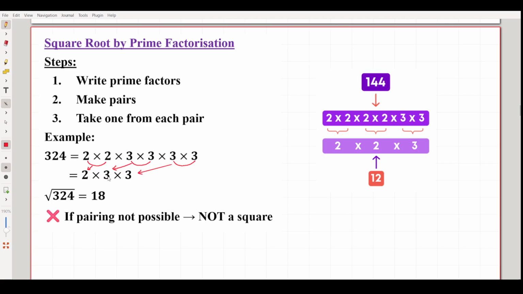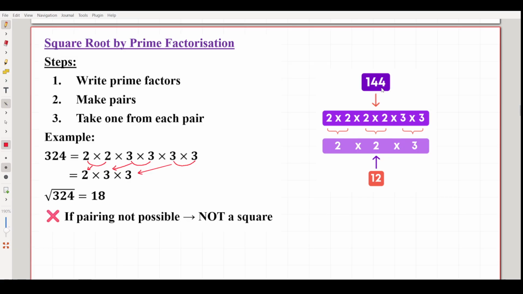So 2 into 3 into 3, we get 18. The square root of 324 is 18. If a pair is not possible, it's not a perfect square number.